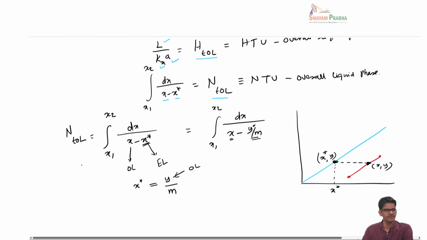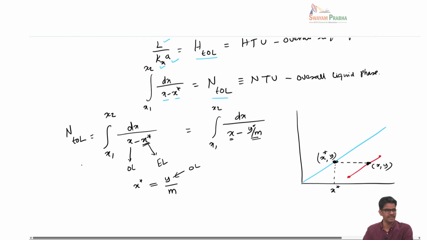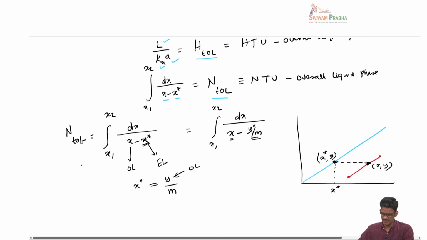Whether I take the y value from the equilibrium line or from the operating line, it does not matter, because that remains the same, right? So to calculate x star, I am getting that from the equilibrium line, which involves the composition of the gas phase in the operating line itself. So all I have to do now is write a mass balance equation for the operating line and then get this estimate.